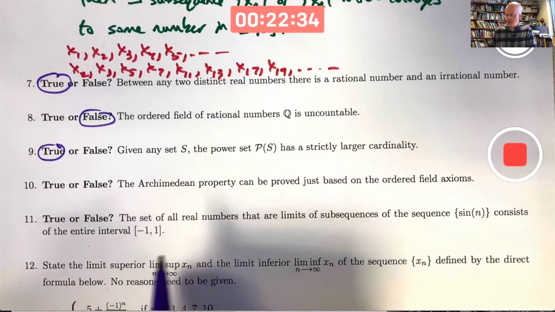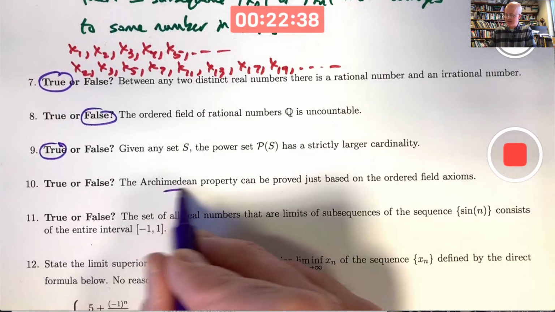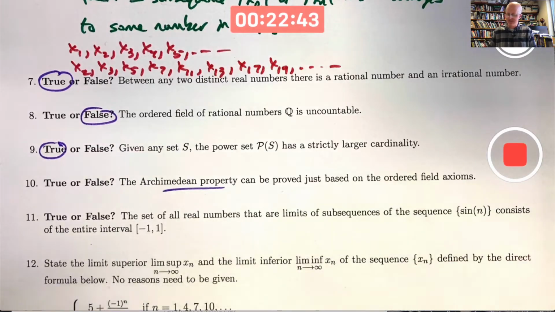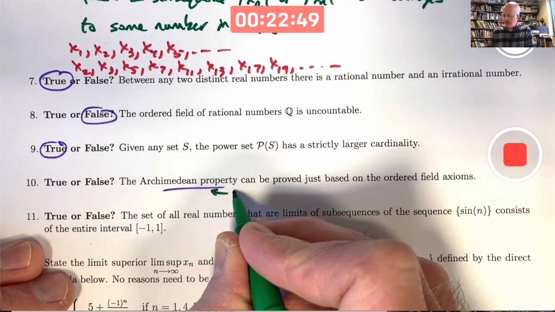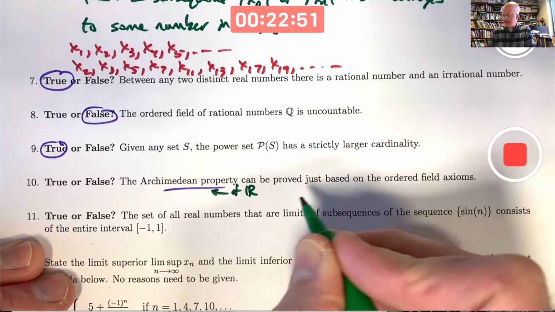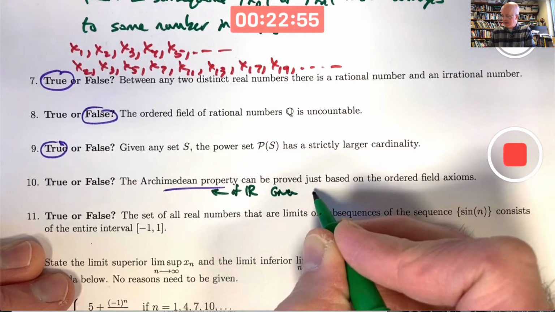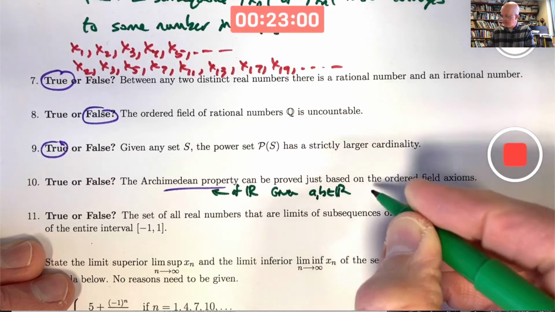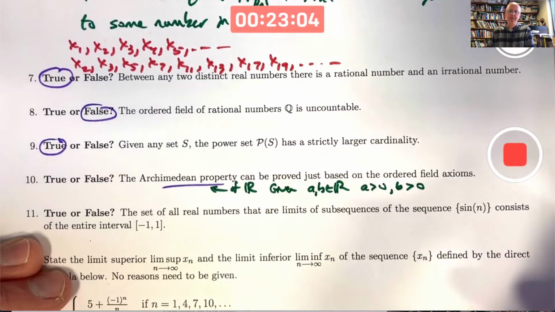Getting back to more strictly real analysis topic here, number 10 says the Archimedean property can be proved just based on the ordered field axioms. What is the Archimedean property? I will give some detail about that. Of the real numbers, it says, given any two, say, positive real numbers, a and b, and just to keep it simple, a is positive and b is positive.